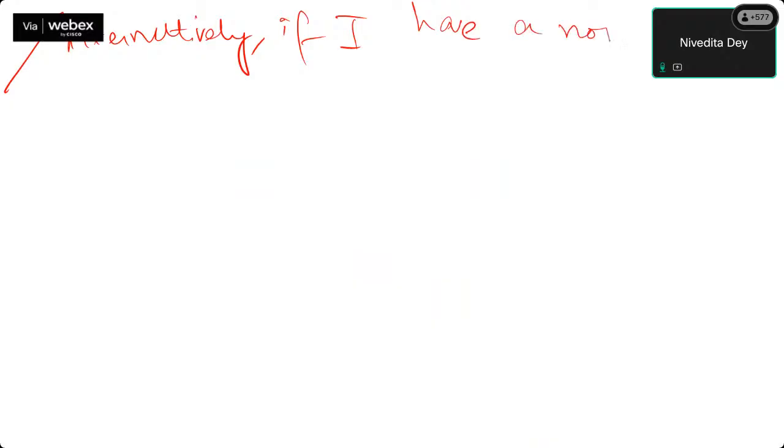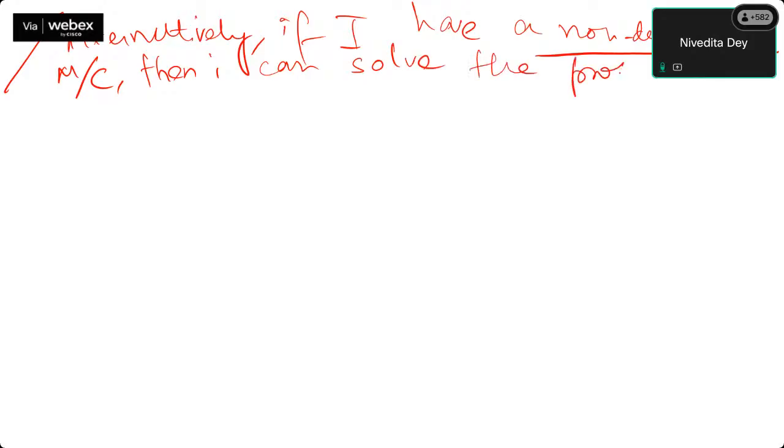Alternatively, if I have a non-deterministic machine, focus, a non-deterministic machine, then I can solve the problem in polynomial time.